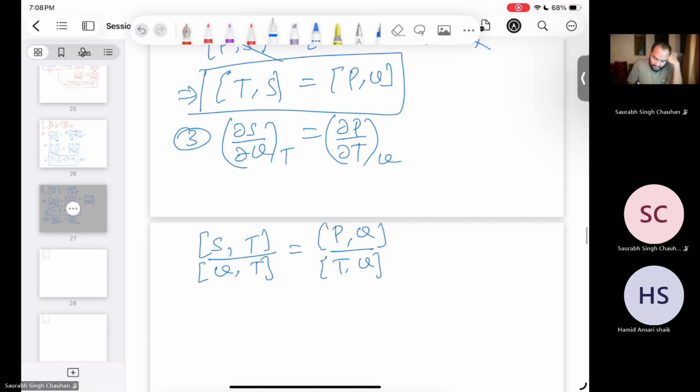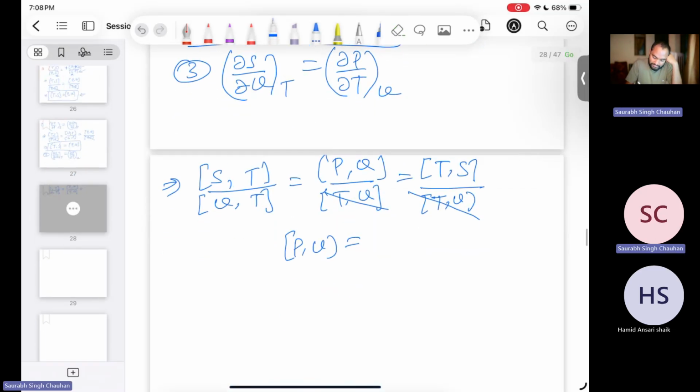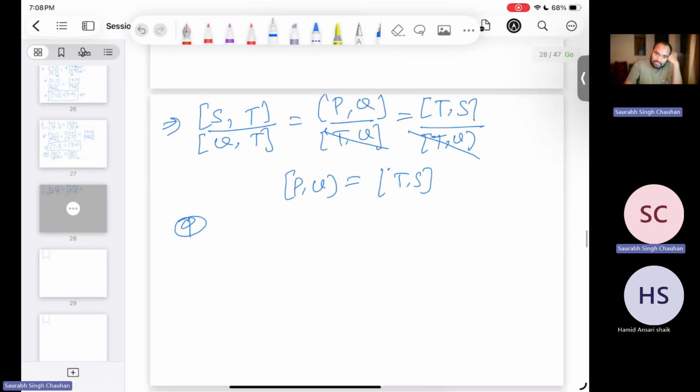Just flip the order of the first one. So T comma S and T comma V. Both of these things will cancel out. So we get P comma V over T comma S.